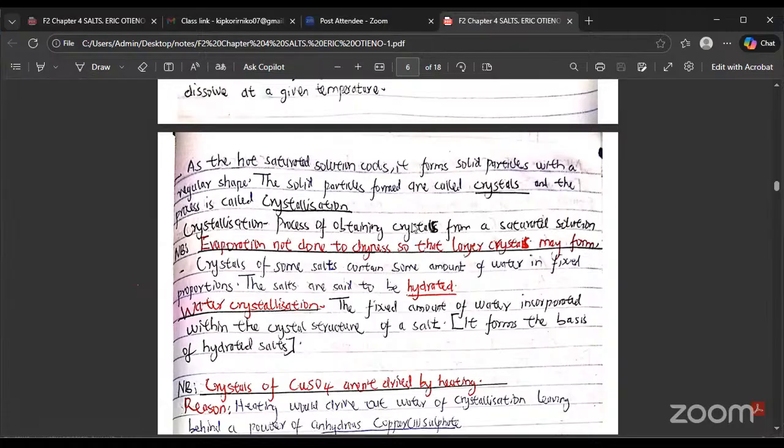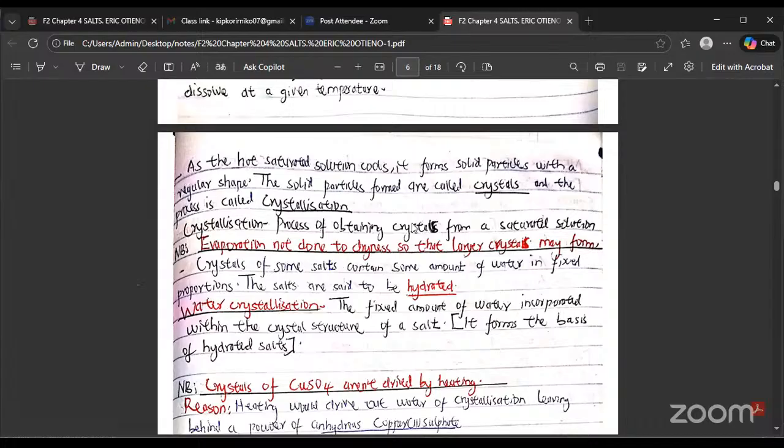It has a certain amount of water inside, but now you cannot remove that water, and when you add water, the water still remains inside. It is normally called the water of crystallization. Something can be a solid, for example copper 2 sulfate is normally solid, but it has inside water of crystallization. It is incorporated into itself. So this is a fixed amount of water incorporated within the crystal structure of the salt.